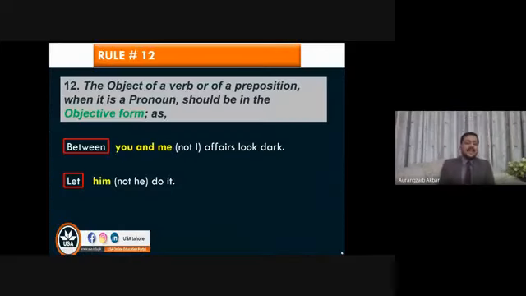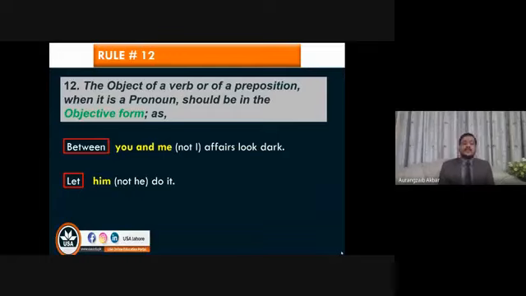Let's see what we have. We have discussed 11 rules related to nouns for making them agree with the verb. Now we'll carry on from where we left off. Rule number 12 we will discuss in this section. Rule number 12 is: the object of a verb or of a preposition, when it is a pronoun, should be in objective form.